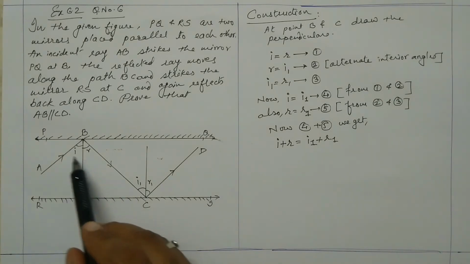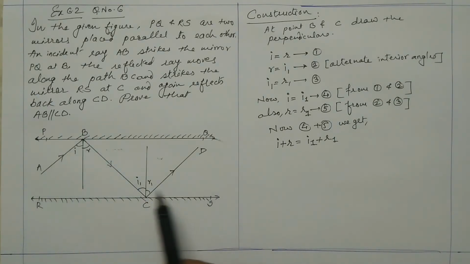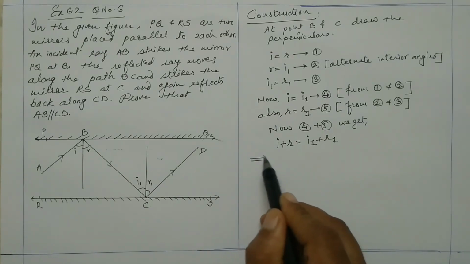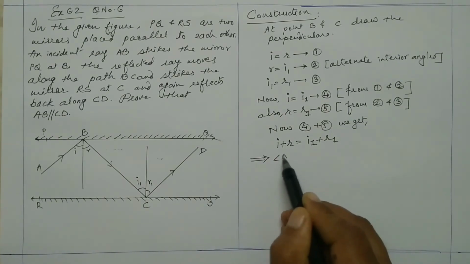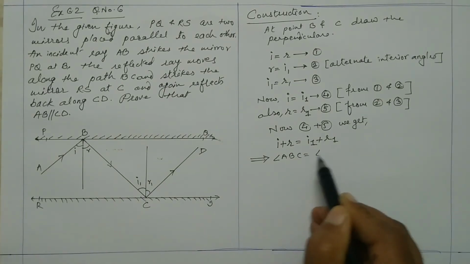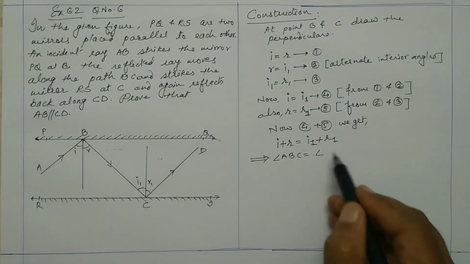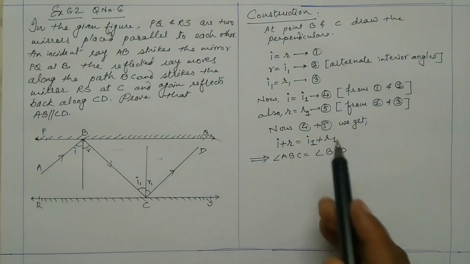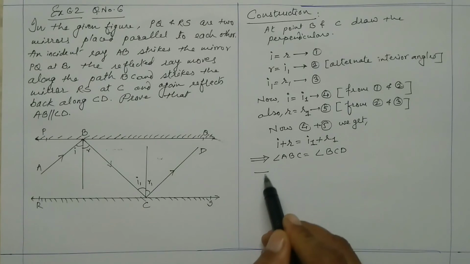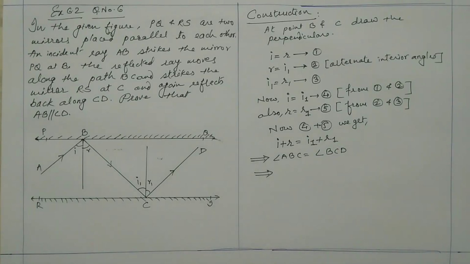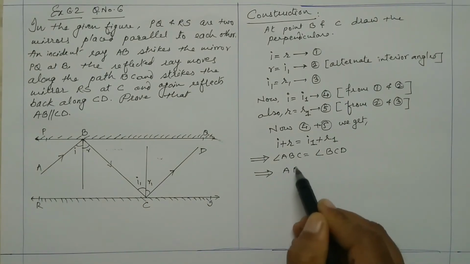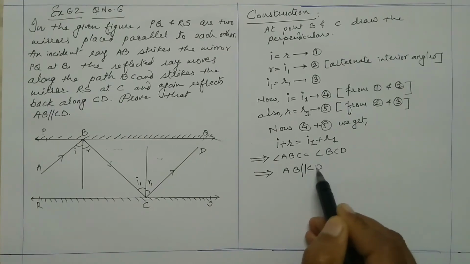I plus R is angle ABC, and I1 plus R1 is angle BCD. So angle ABC is equal to angle BCD. So ABC and BCD form a pair of alternate interior angles and they are equal. So we are successful in proving AB is parallel to CD.